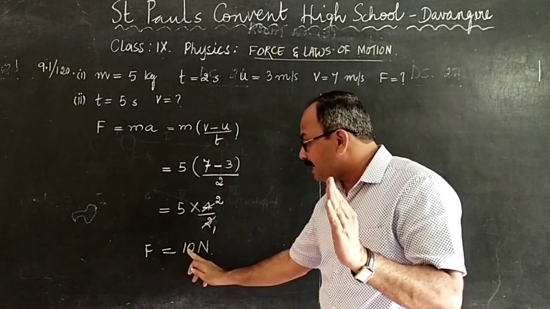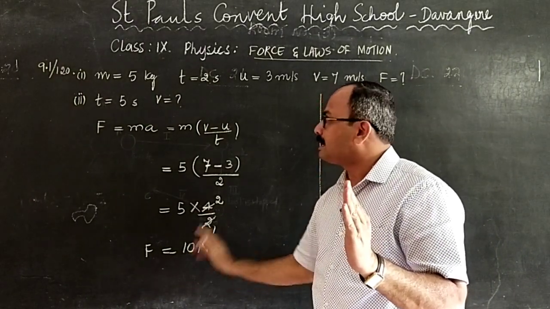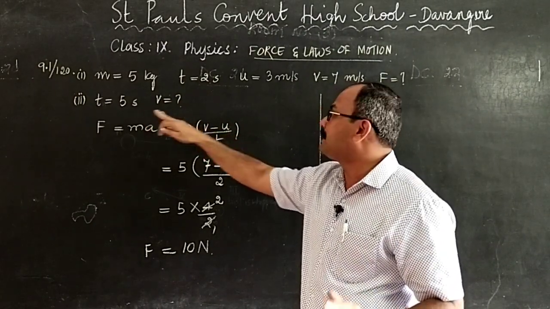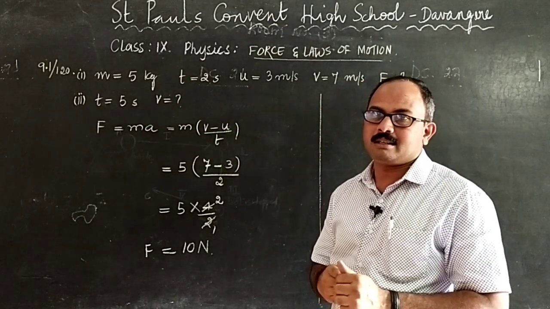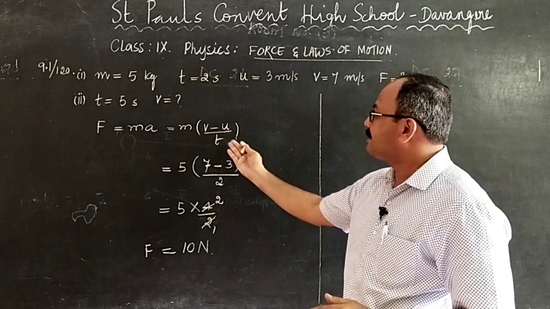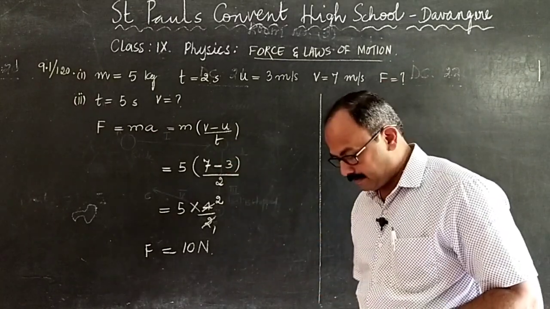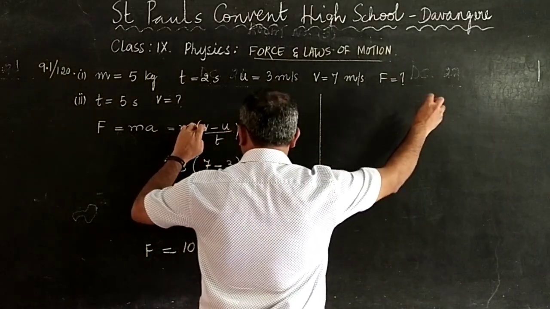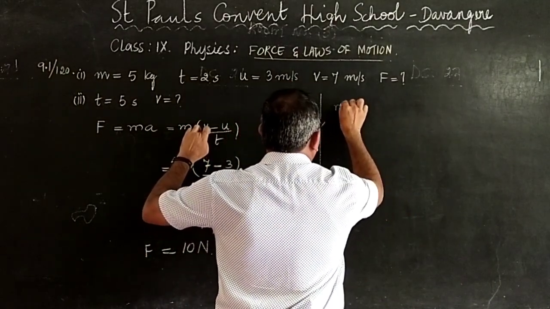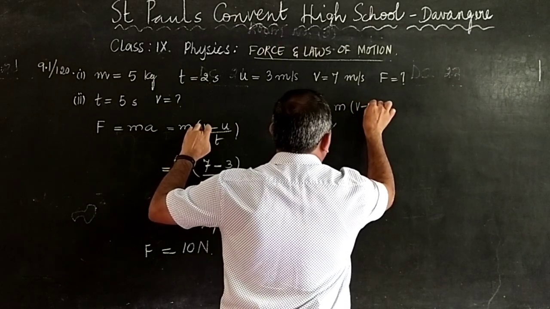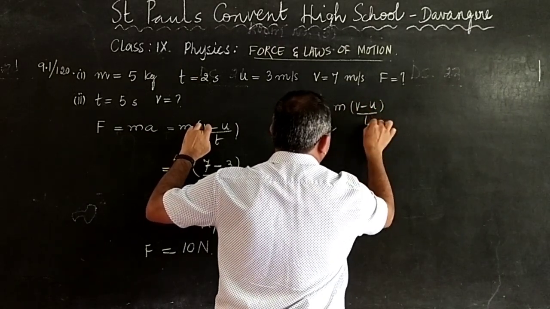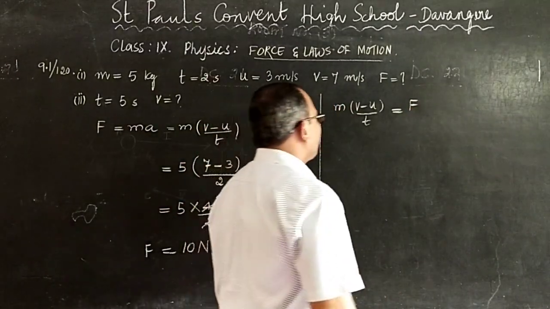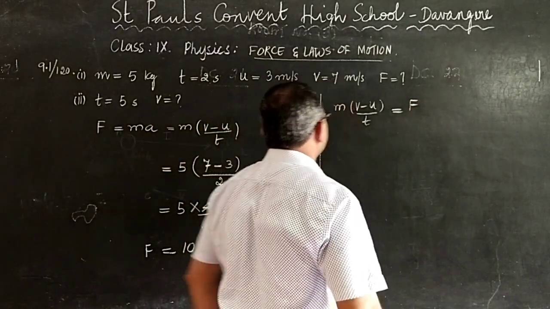Now, if the same force is applied on the object for 5 seconds, what will be its final velocity? You will take this formula. Okay? We know that m into v minus u by t is equal to F. Now, you will substitute.